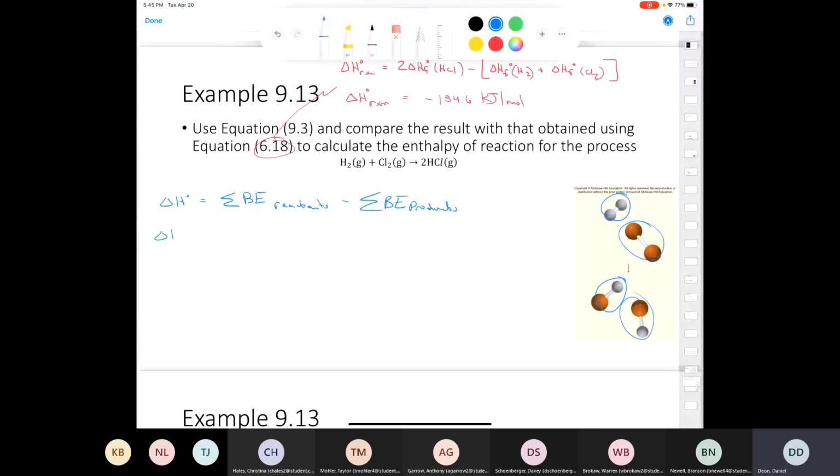So we get that the delta H of our reaction is going to be equal to the bond enthalpy of the hydrogen, which was 436.4, plus 242.7 for the chlorine. Subtract the bond enthalpy of the products. I have 2 moles of HCl, so that's 2 times 431.9.